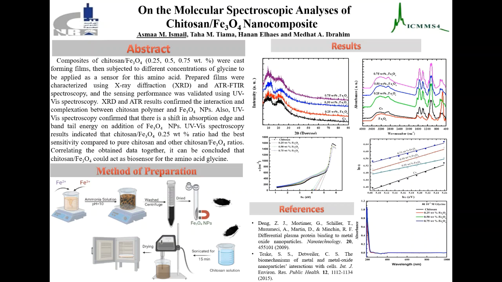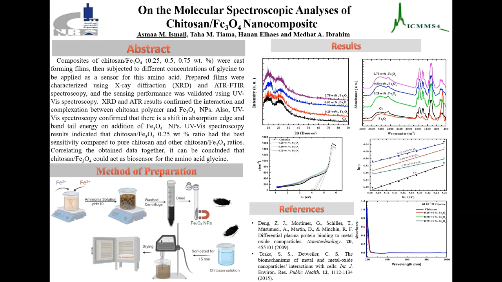As observed, FTIR and XRD confirmed the complexation and interaction between chitosan and iron oxide, as also band gap energy and absorption edge changed on the addition of iron oxide to chitosan, which indicated the high density of localized tail states in the chitosan iron oxide nanocomposite.